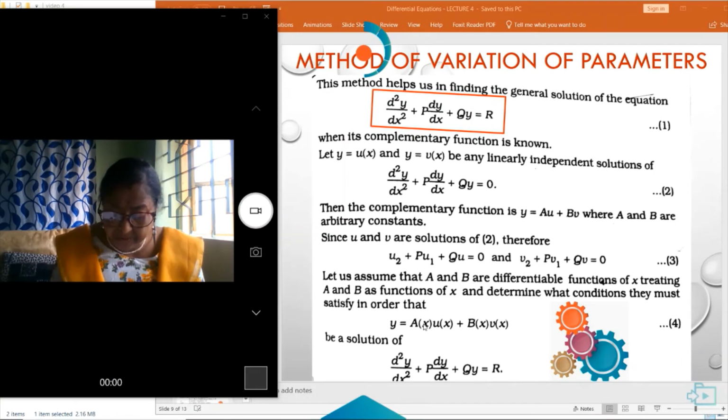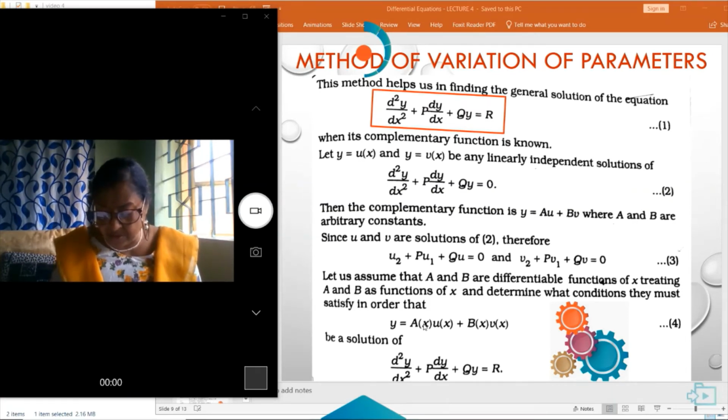Then the complementary function is y is equal to au plus bv, where a and b are arbitrary constants. So we can write it as u2 plus pu1 plus qu is equal to 0, and v2 plus pv1 plus qv is equal to 0.